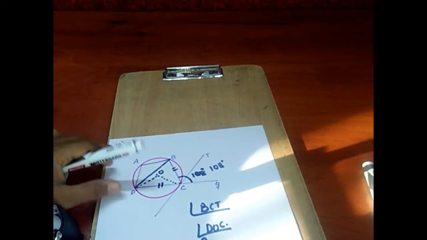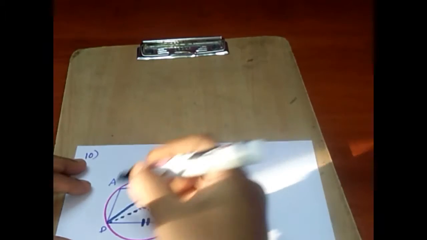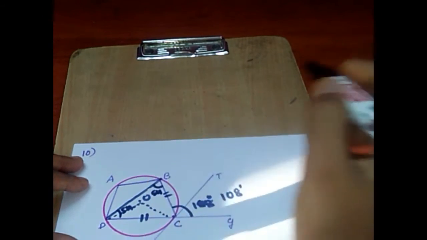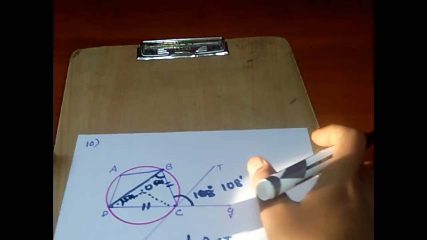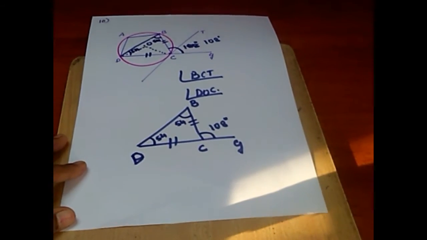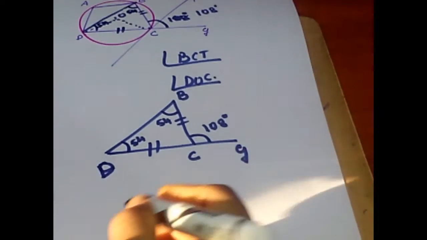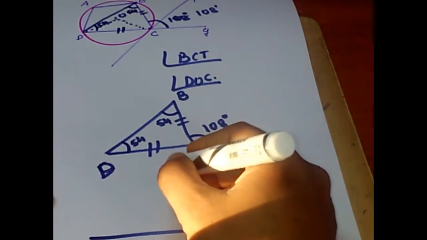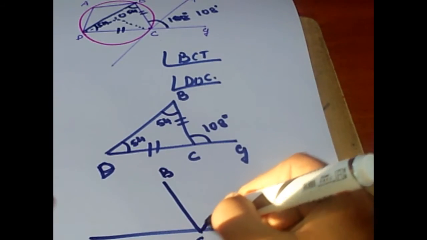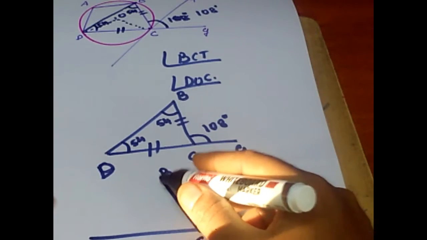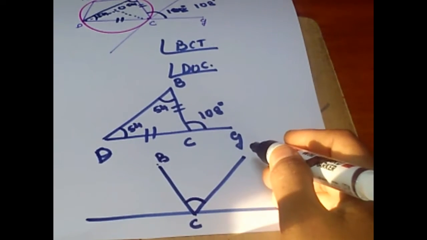So, let us fill the diagram. So, we have got the result of two angles. This is 54. This is 54. Now, we need angle BCT. Again, observe the diagram very carefully. Here, at the point C, with the help of the chord BC, we have an angle between the chord and the tangent.